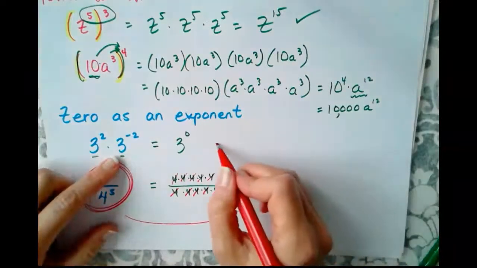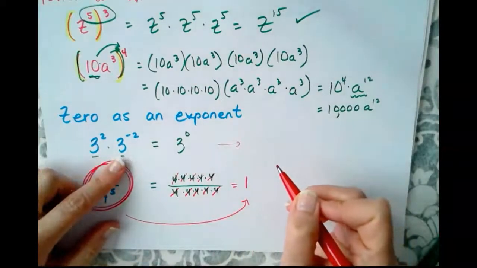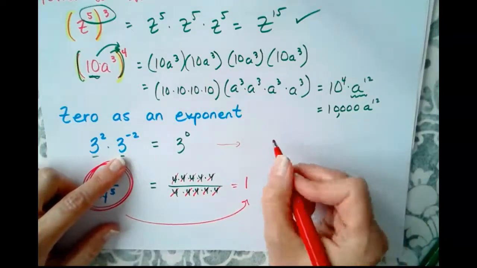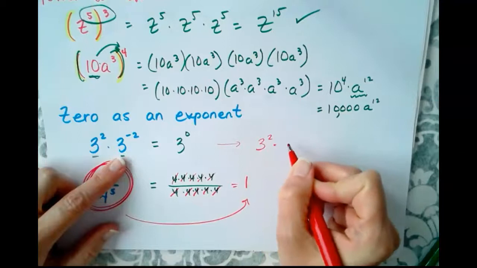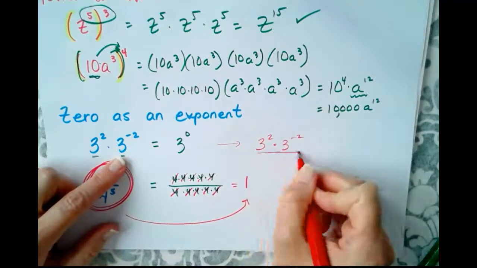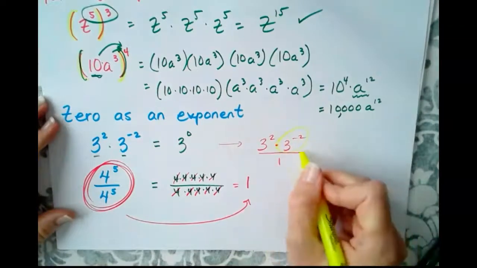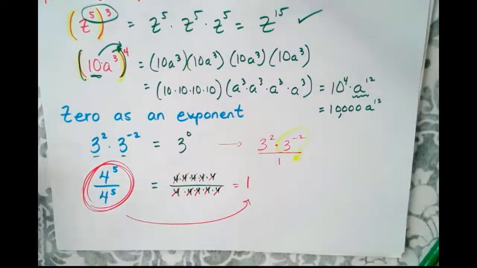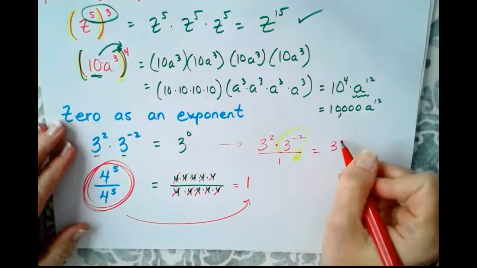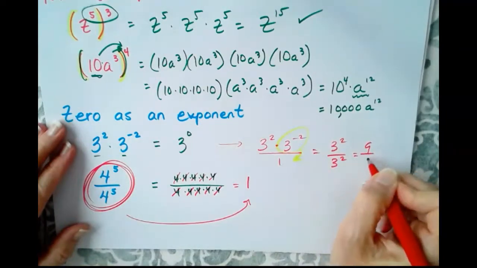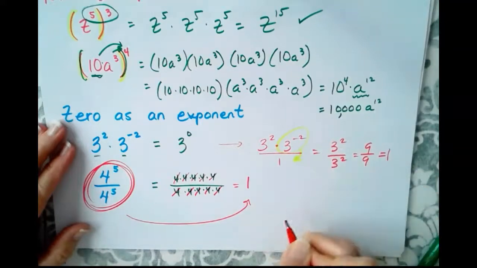And I mentioned the brief reminder that a negative exponent really just needs to be flipped. So if we have 3 to the positive 2 times 3 to the negative 2, if we were to put that over 1, we could just flip that 3 to the negative 2 to the bottom, and it would become 3 to the second over 3 to the second, which of course is a number over itself, 9 over 9, which is 1.